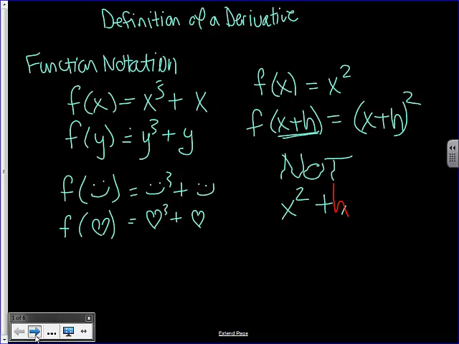Alright, let's go to an example similar to what we did in class. You remember in class I showed you the definition of the derivative, and again this needs to be on your memory list: the limit as h approaches 0 of f of x plus h minus f of x, all over h.